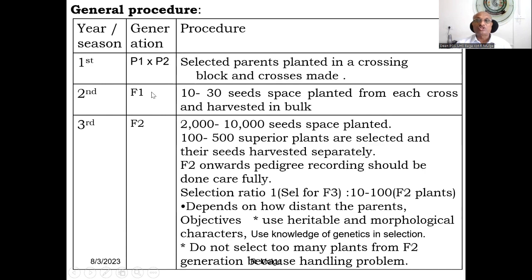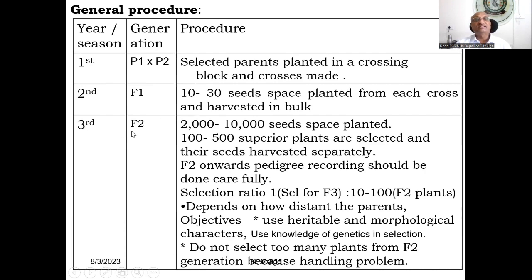So that means it is a homogeneous material. Each individual is heterozygous, whereas if you look at F1, so many plants are there, they're all genetically alike. So it's only multiplication, the number of seeds you need for the F2. You need not have too many plants there.